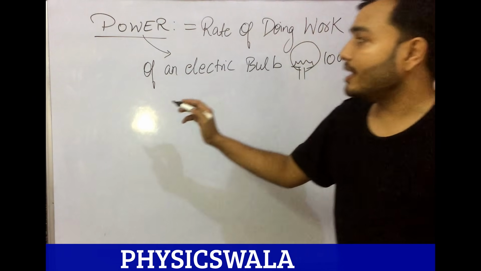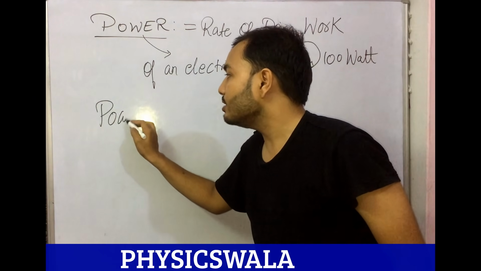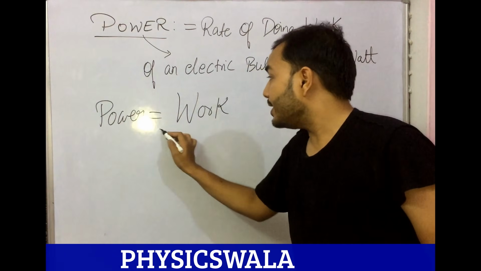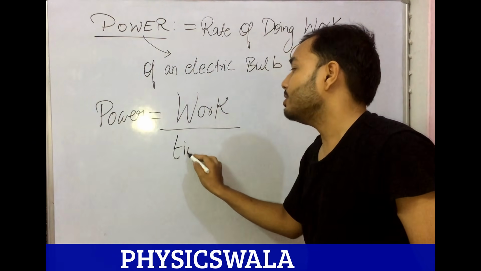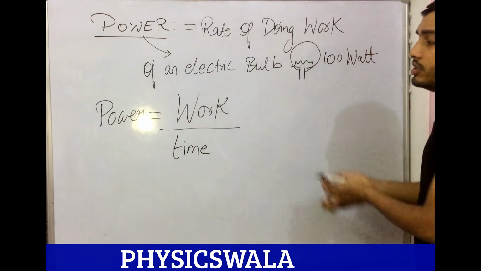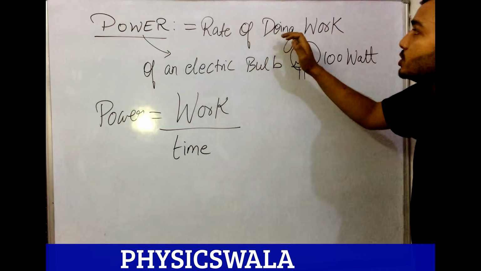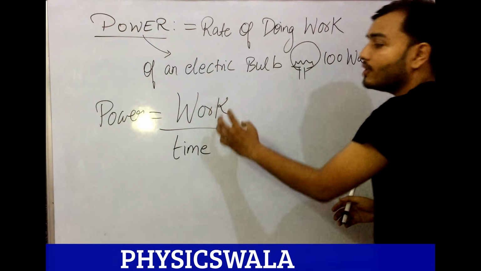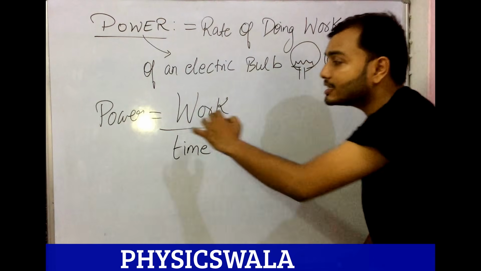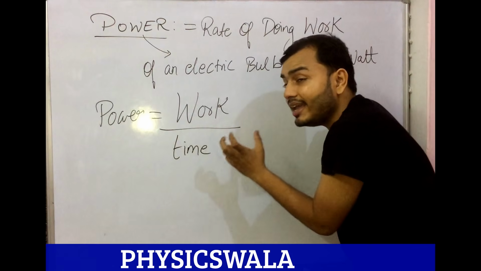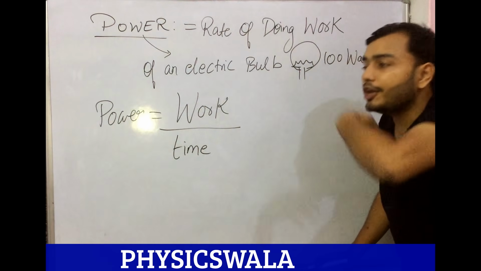So let us understand. The formula for power is, students, work divided by time. So it is the rate of doing work, like the speed of work. When we have to find speed, we divide something by time. So it is the speed of doing work.